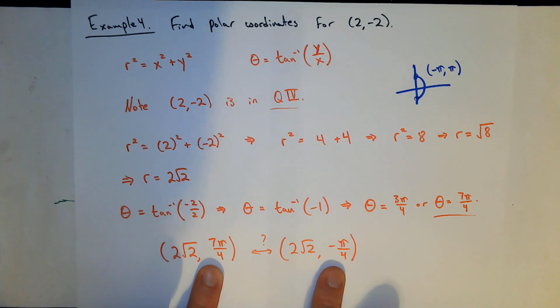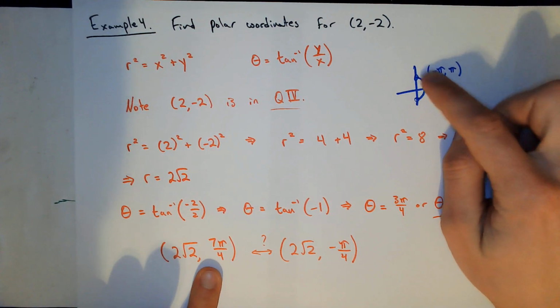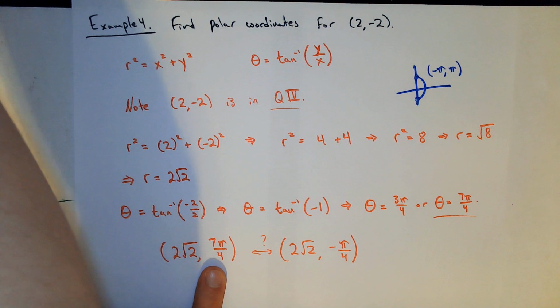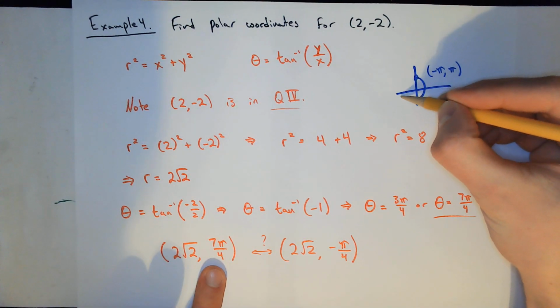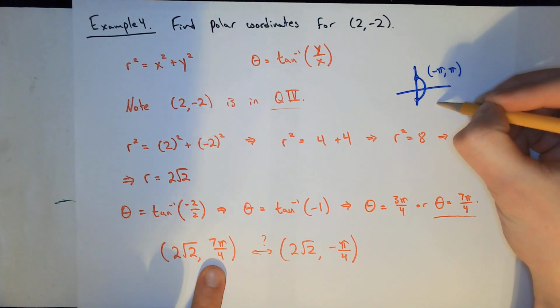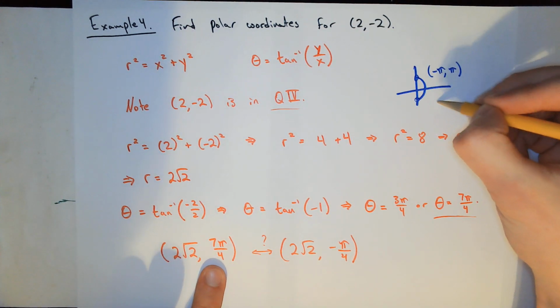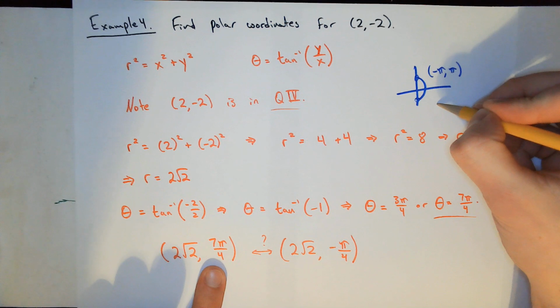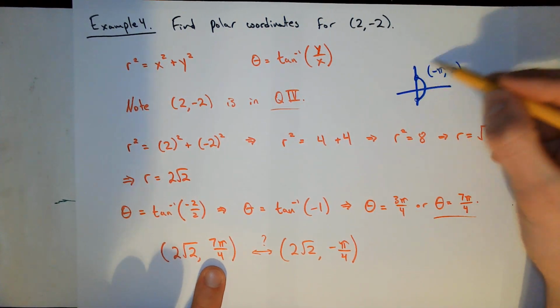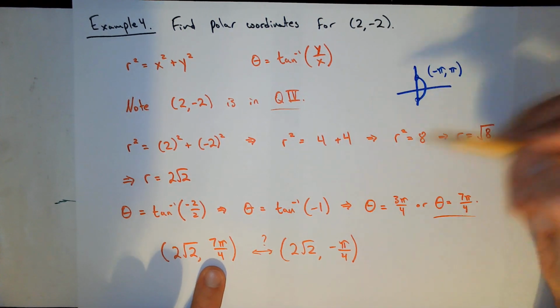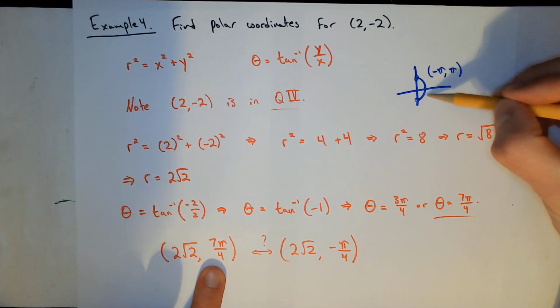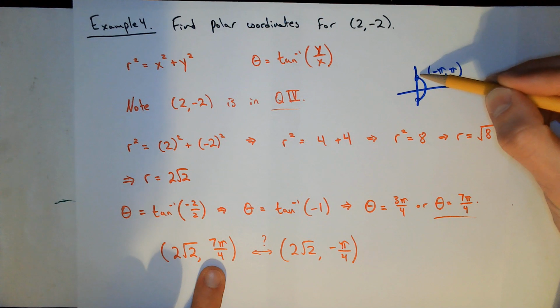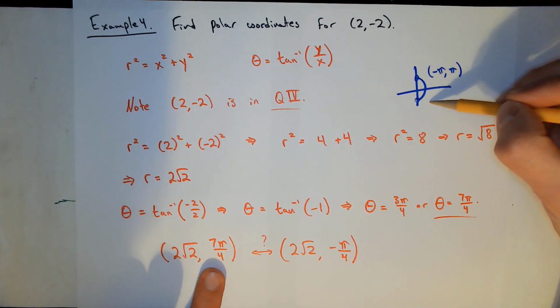It's just that this one is described in this range. This 7 pi over 4 one goes all the way around outside of the range of the tangent inverse function, and it lands in the same spot down here, which is where we know it is. So they describe it so that it just goes right down here as a negative pi on 4 angle, the whole thing staying in this range.